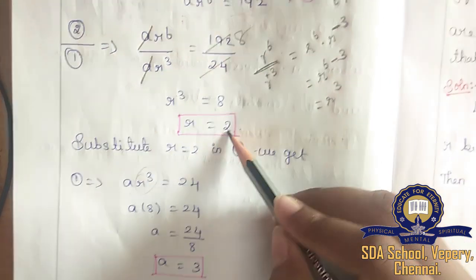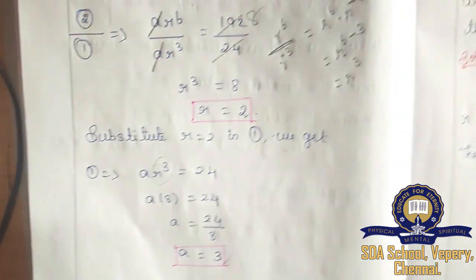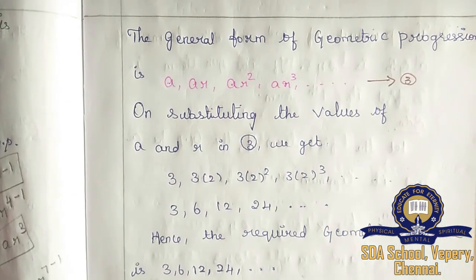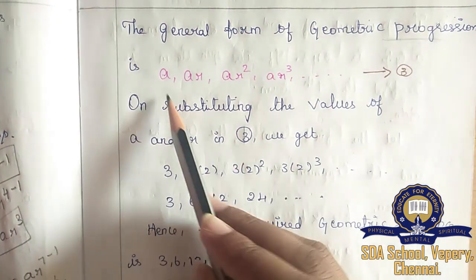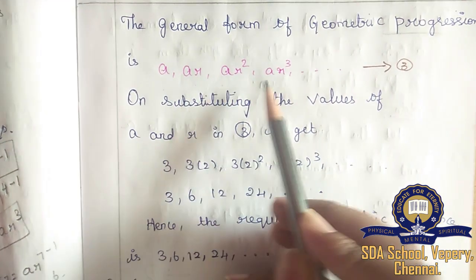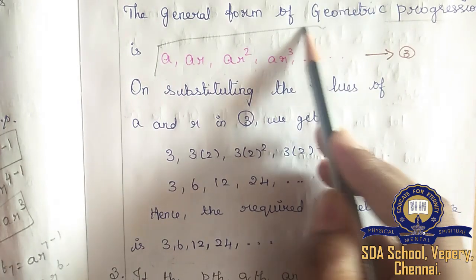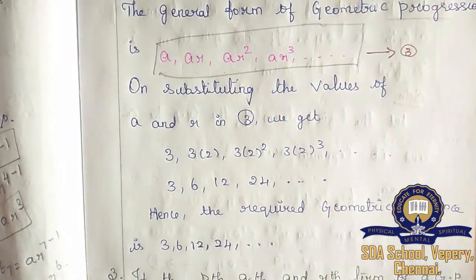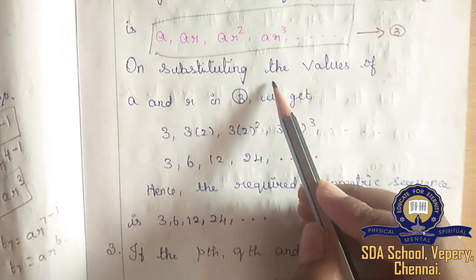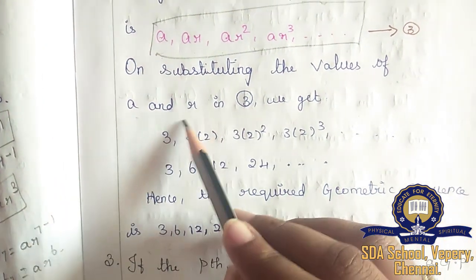Here we know what r and a values are, right? So what is the general form of a geometric progression? Already I told you in the beginning: a, ar, ar square, ar cube. This is what the question is. They ask us to find the geometric sequence, right? So here we have found the a and r values, right?